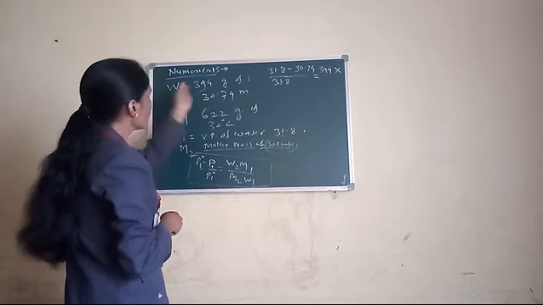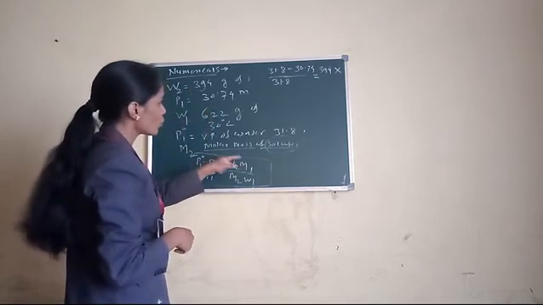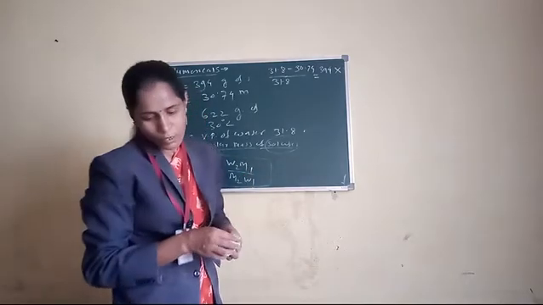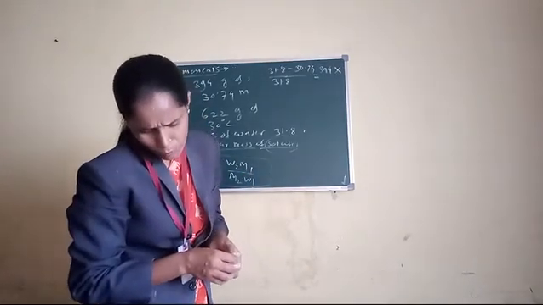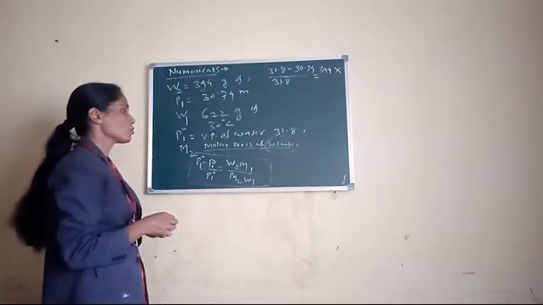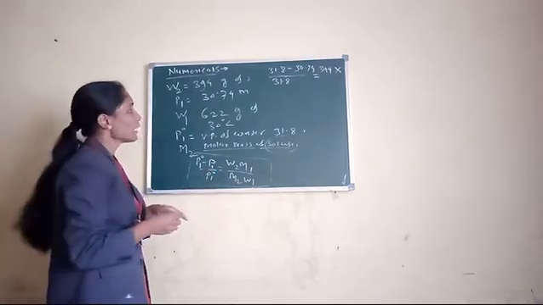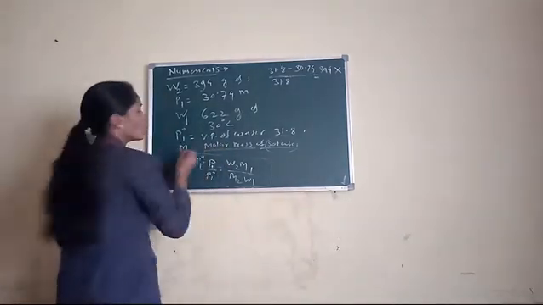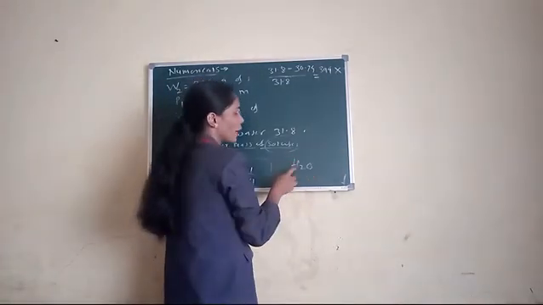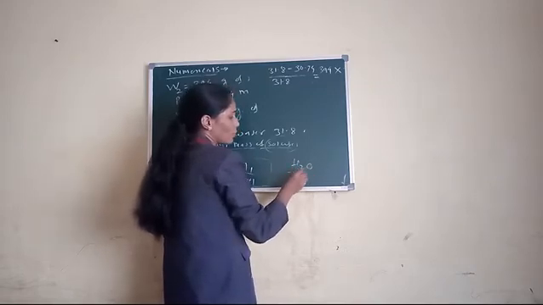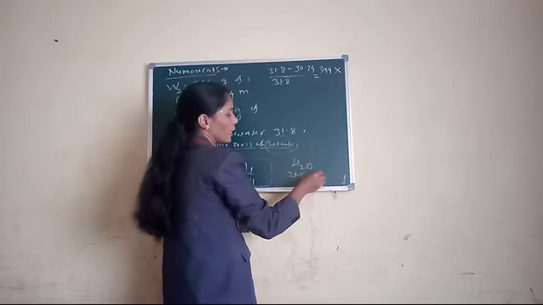M1 is the molar mass of solvent, that is water. Molar mass of water, H2O: 2 hydrogen contain 2 gram per mole, plus 16, means 18.